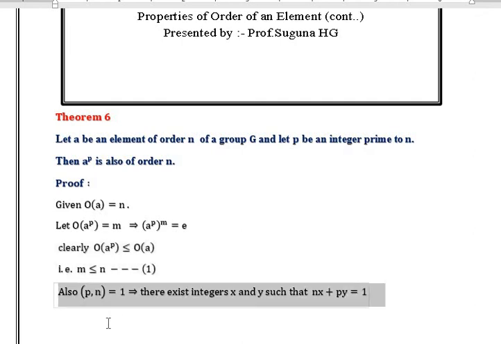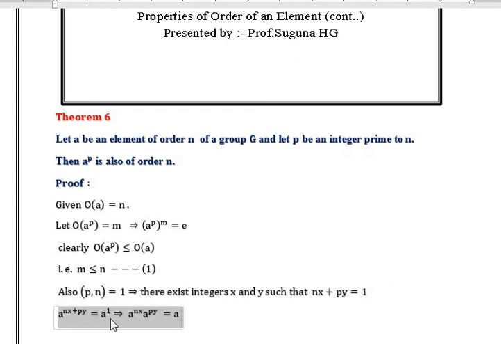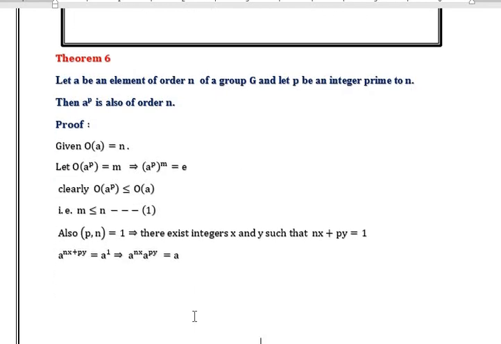And also, p and n are relatively prime, which implies that there exist integers x and y such that nx plus py is equal to 1. a^(nx+py) is equal to a^1 because nx plus py is equal to 1. This implies a^(nx) into a^(py) is equal to a.